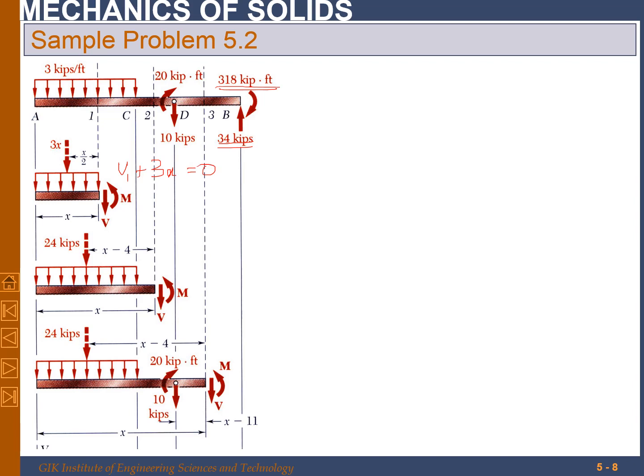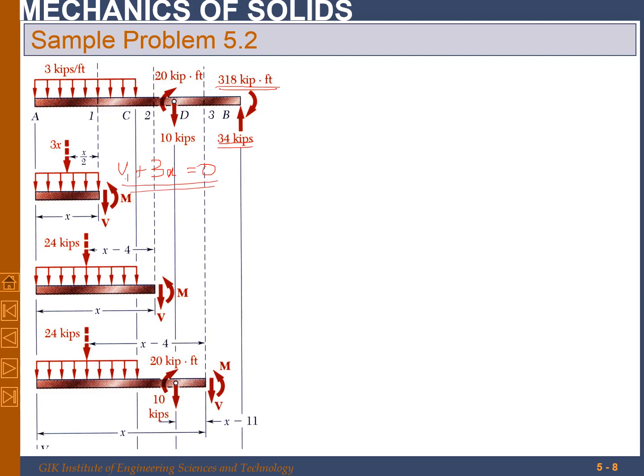So at x equal to 0, that is point A, the shear force is 0, but x is equal to the distance of 8 feet, if you multiply with the 8, that will give me the shear force at point C. So this is valid from A to C.